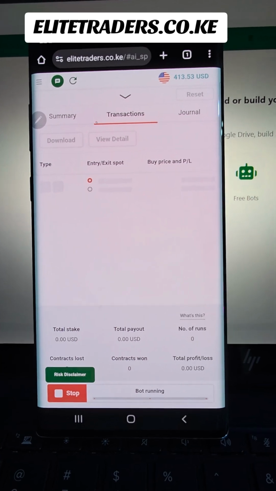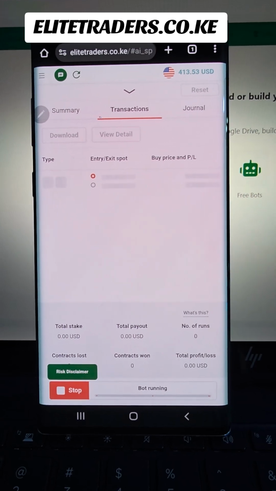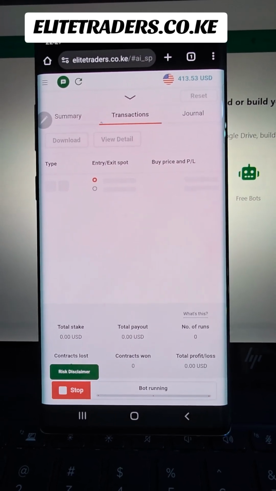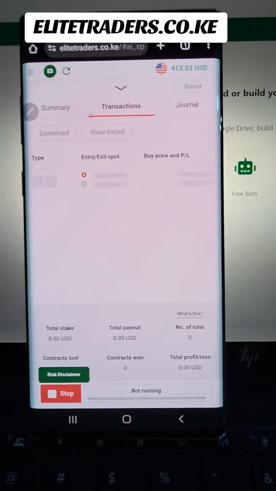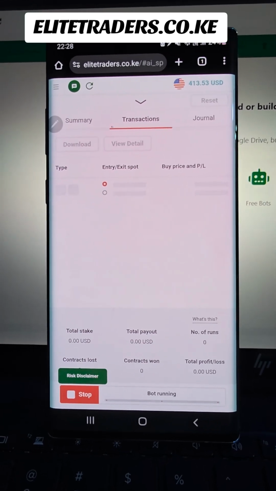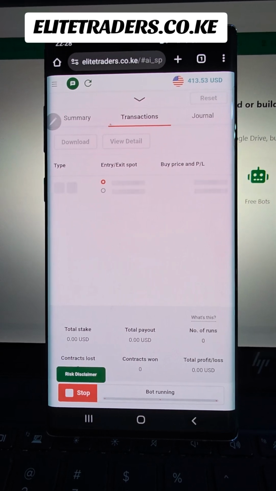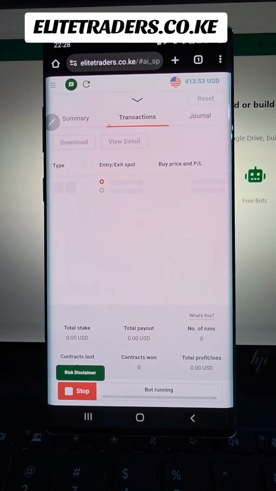This robot, we call it the Airite Under, which is trading under 5, and this is how it does analysis. It uses 2 strategies to analyze the market. The first one is a percentage: the under 5 market must be more than 50% for the last 50 ticks.